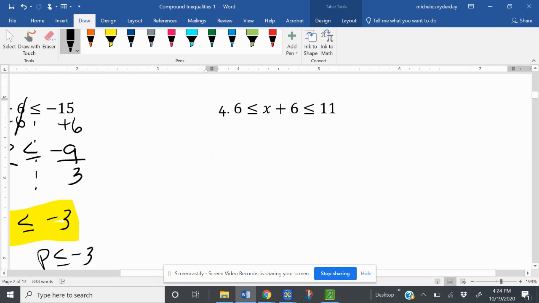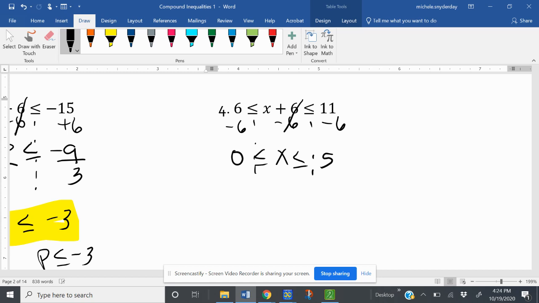All right, here's another one that we can simply solve all together. If we're adding 6, the opposite is to subtract 6. So that goes away, and we're left with x is less than or equal to, and is greater than or equal to. 11 minus 6 is 5, and 6 minus 6 is 0. So our two inequalities are, we'll take this one first because it's written correctly: x is less than or equal to 5.